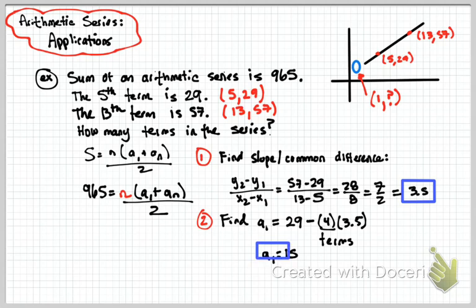Now we need to find A of n. Sarah's right. It's going to be in terms of n because you don't know what n is. Find your last term, A of n.